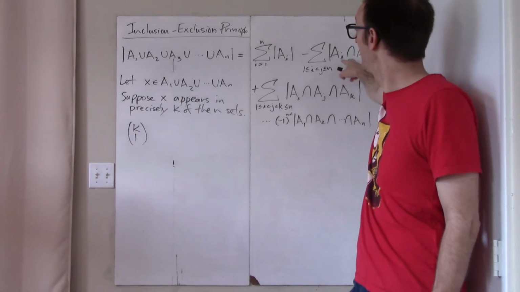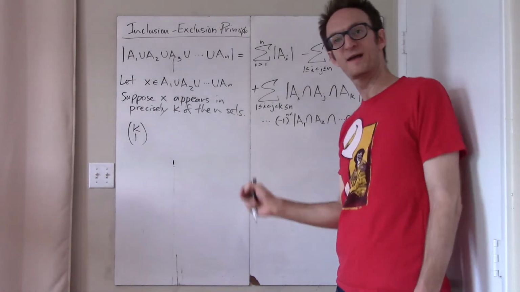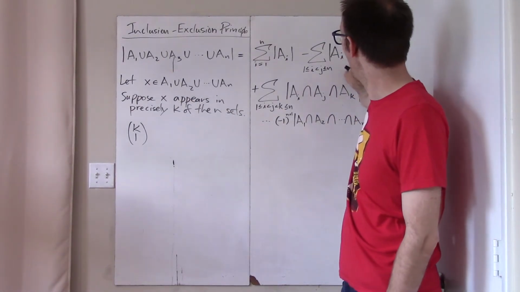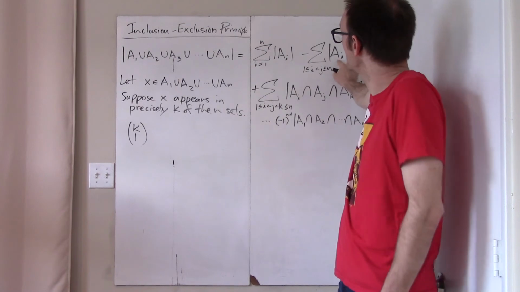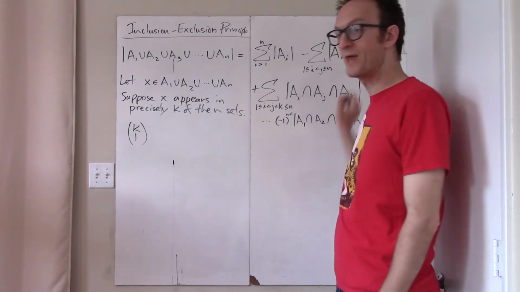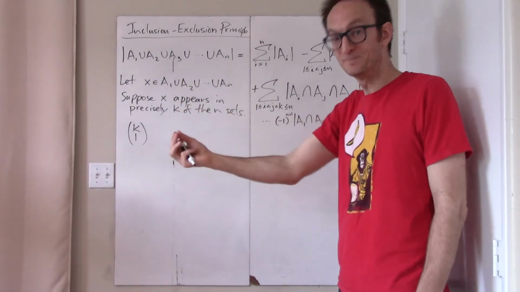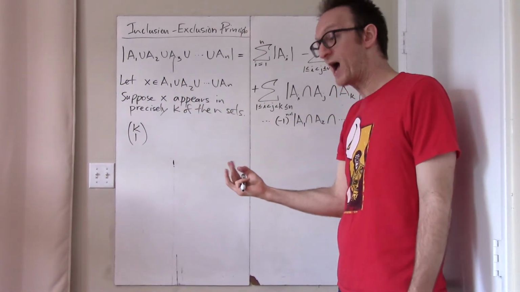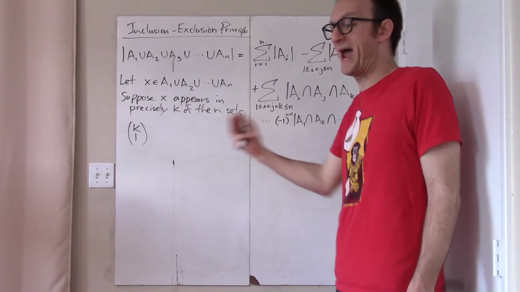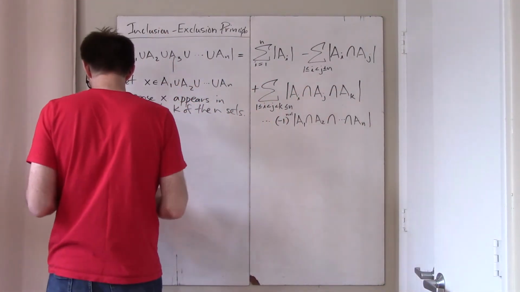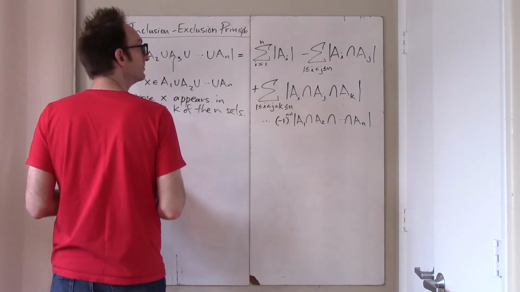Well, if x is in 5 sets, how many times is it in the intersection of 2 sets? Well, that boils down to, in the 5 sets that x lives in, how many pairs of sets is it in? And the answer to that is k choose 2.